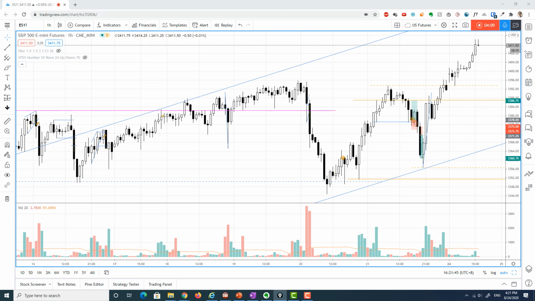So this is bullish. We have seen the S&P 500 entering into uncharted territory. So far, we are just at all-time high here.